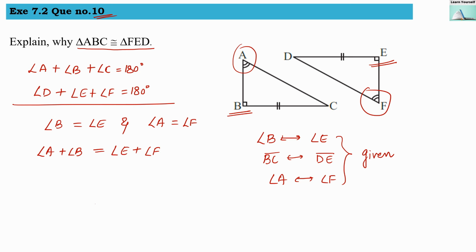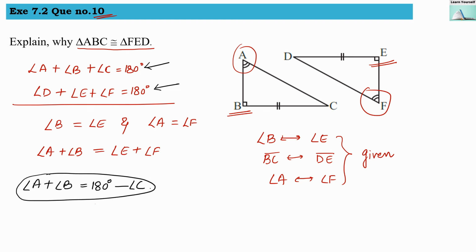Now, as per these two equations, can I modify this equation like angle A plus angle B equals 180 degrees minus angle C? So here A plus B equals 180 degrees minus angle C. I am substituting into this equation. So my equation here will be 180 degrees minus angle C, that I have written in place of A plus B from this equation.